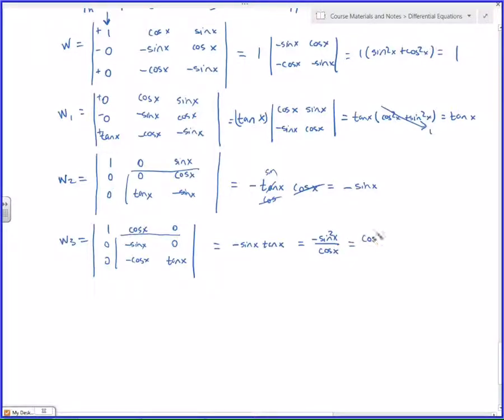Actually it is cosine squared of x minus 1 over cosine of x, or cosine of x minus secant of x. Just repeating what I did before, because I recognize this thing as 1 minus cosine squared, and then distribute the minus sign, and then split this thing up.